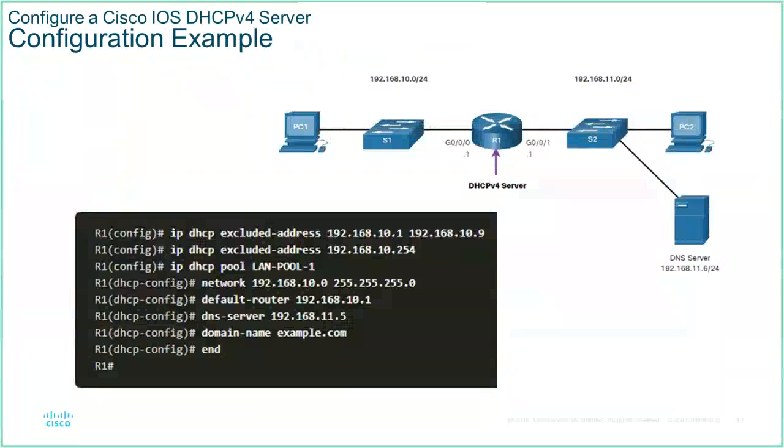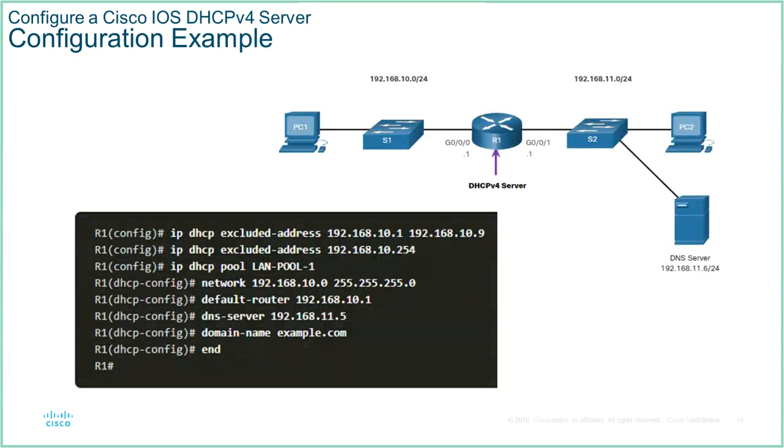So what does this look like in our command structure? ip dhcp excluded-address 10.1 to 10.9, so it's not going to assign the first 9 IP addresses. We then have a second line saying don't assign .254. So we're blocking 10 addresses from being assigned out of the pool.